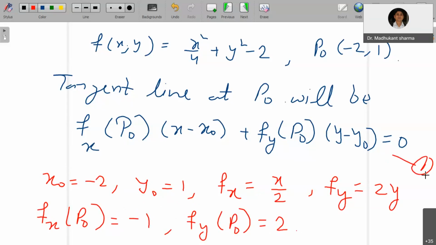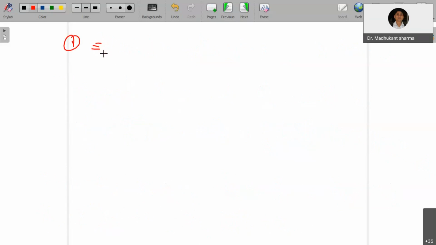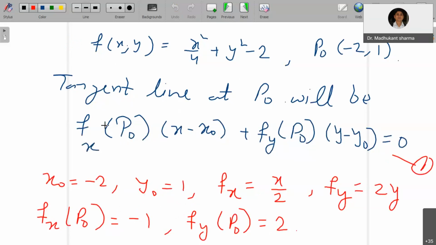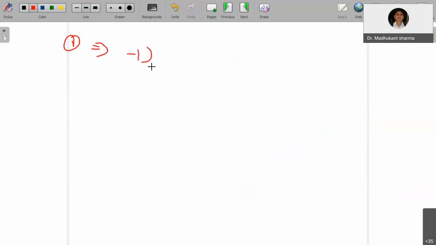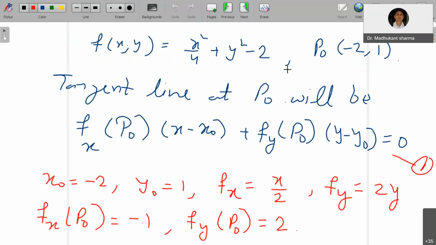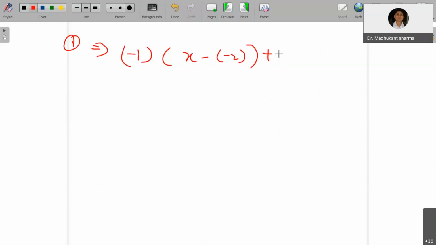So you can substitute in equation 1. fx at p naught is minus 1, so minus 1 times (x minus x naught, that is minus 2), plus fy at p naught, which is 2, times (y minus y naught, that is 1), equals 0.